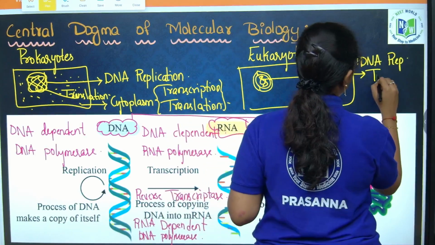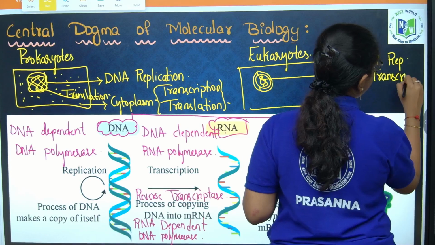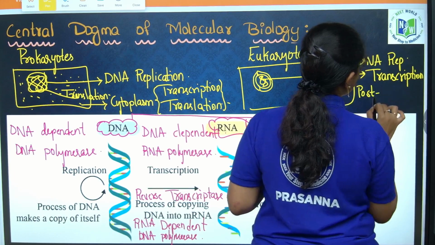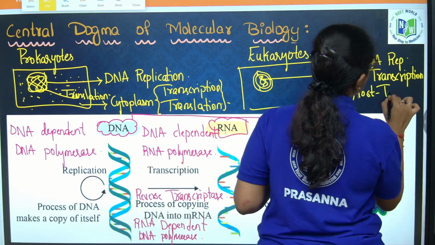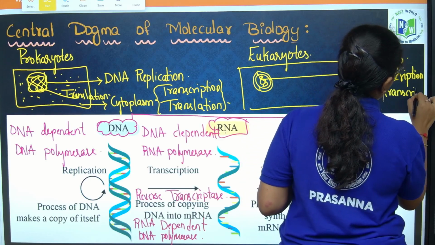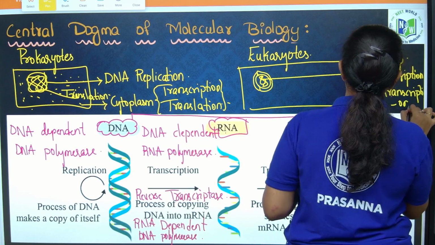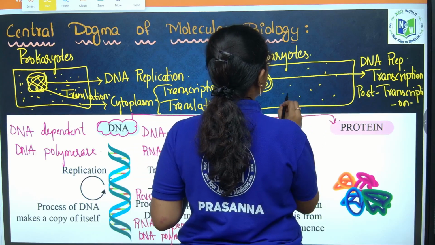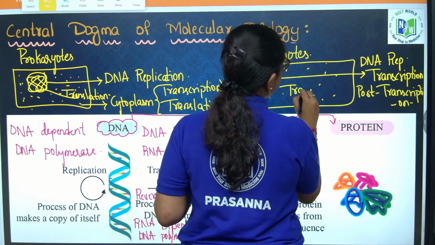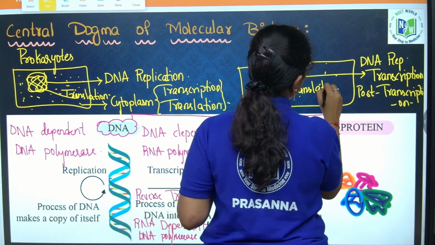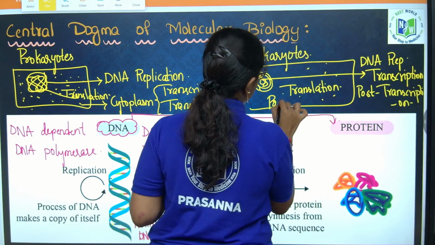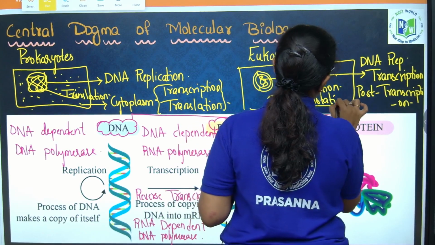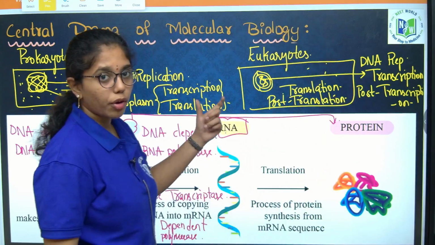Both transcription and post-transcriptional changes occur in eukaryotes inside the nucleus. In the cytoplasm, synthesis of proteins, that is translation, and post-translational changes occur inside the cytoplasm of a eukaryotic cell.